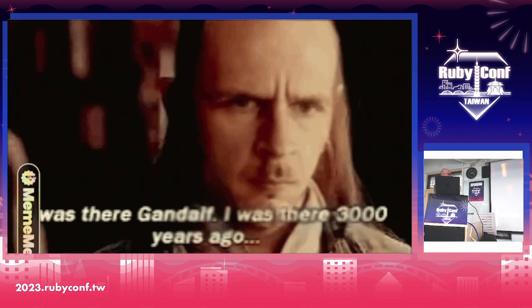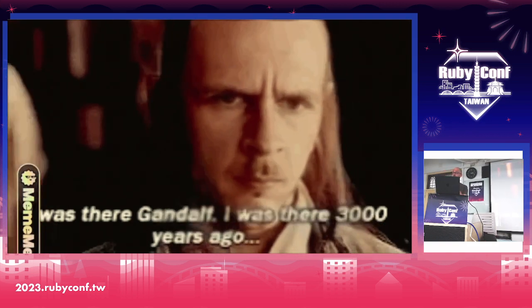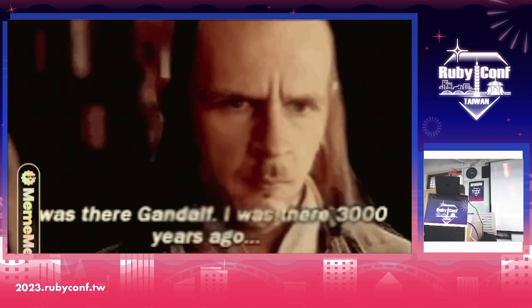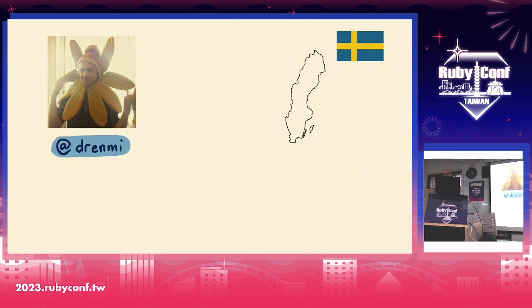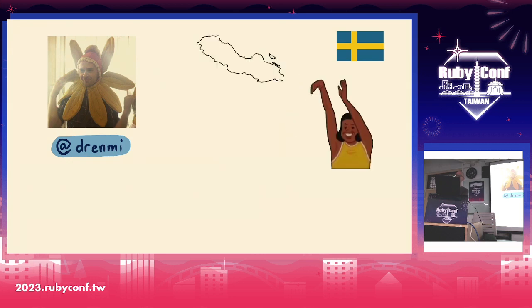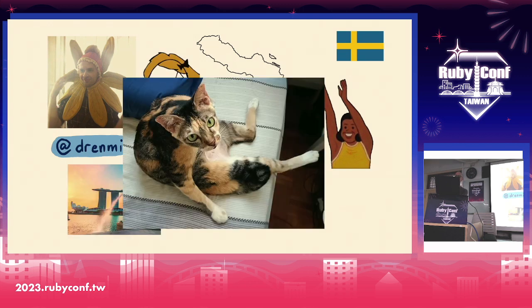Other than the fact that I am pretty old, I haven't told you anything about myself yet. My name is Ted. You can find me most places online as Drenmi. I was born in Sweden, but now I've spent half my life living in other places. So I currently stay in Singapore with my wife and our cat.